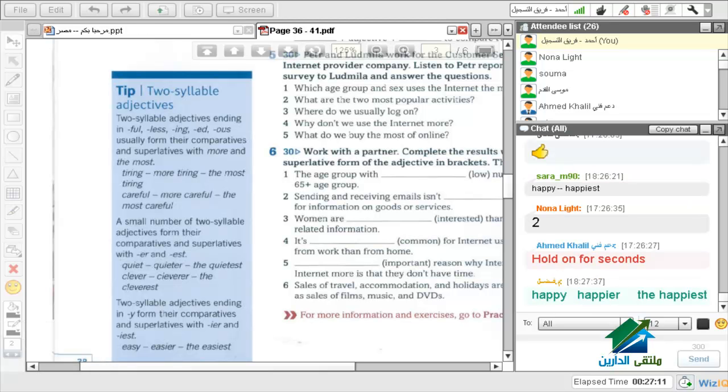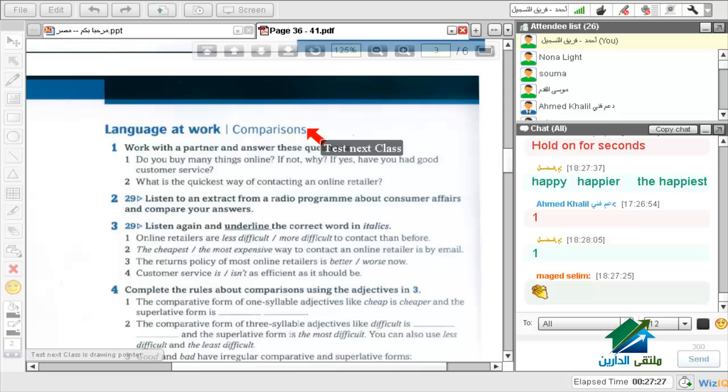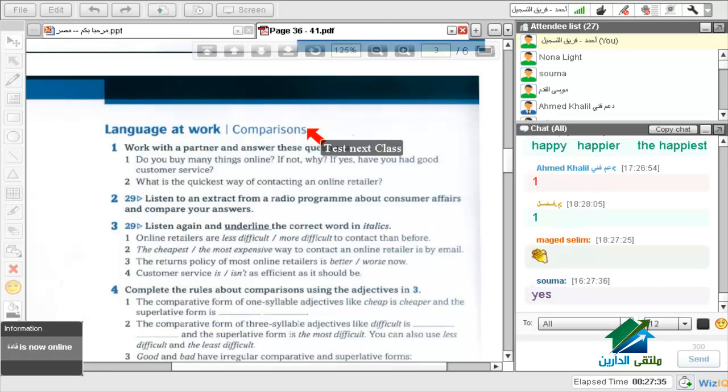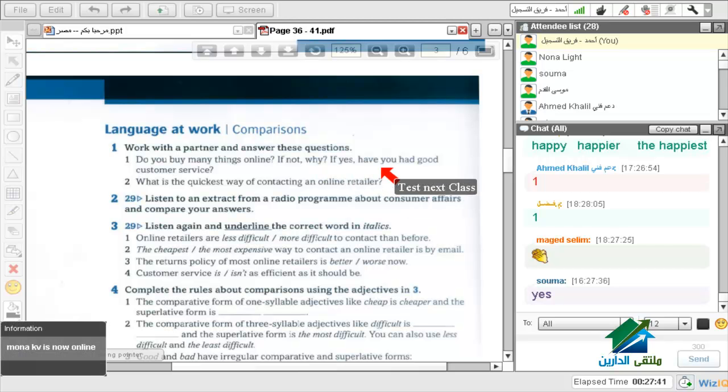Time for practice. I need 2 people now. I need 2 attendees, please. Someone to raise your hand, please. Raise your hand. Suma, ready. Mr. Khalil, please.